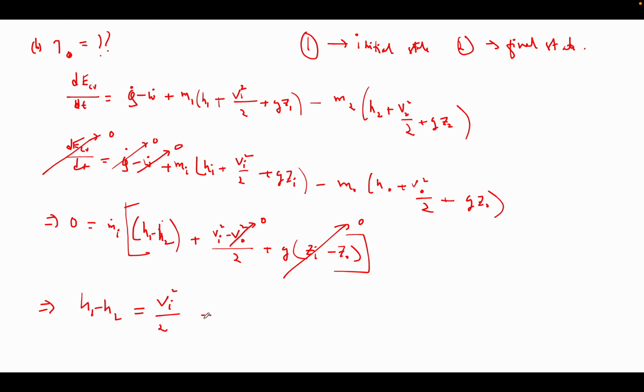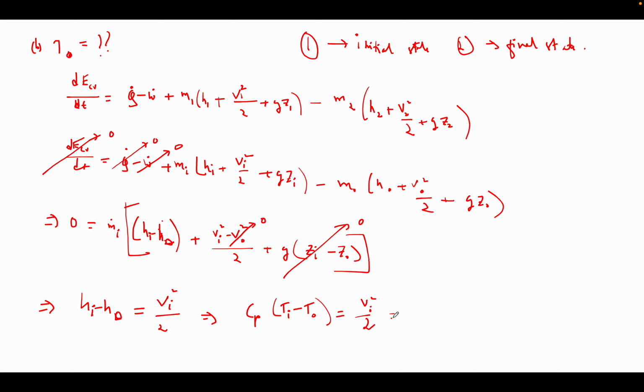Okay, now h1 minus h2 I can write as cp times t1 minus t2. I should use the same notation, I'm sorry, this should be 0 and this should be 0. So cp times ti minus t0 will be equal to vi squared by 2.